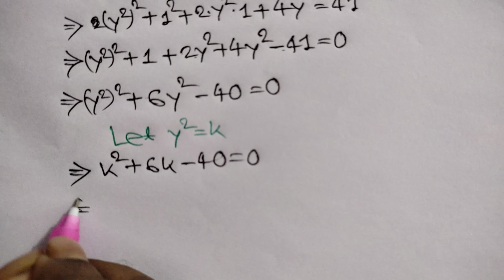Or now taking common k + 10, here we will get k, and here we will get negative 4 is equal to 0. So we find out k + 10 is equal to 0 and k - 4 is equal to 0, or k is equal to negative 10, but this is rejected, no real solutions, and here we will get k is equal to 4.